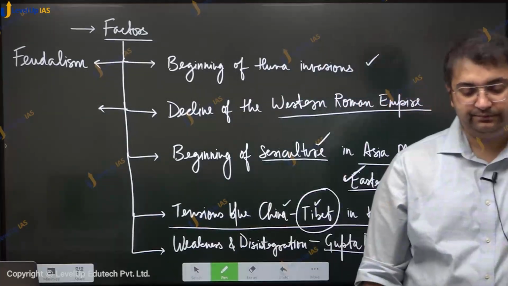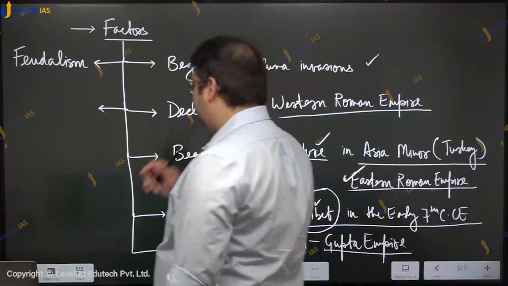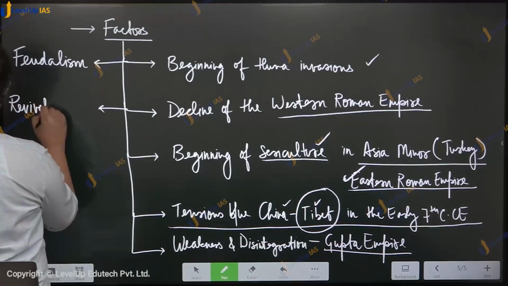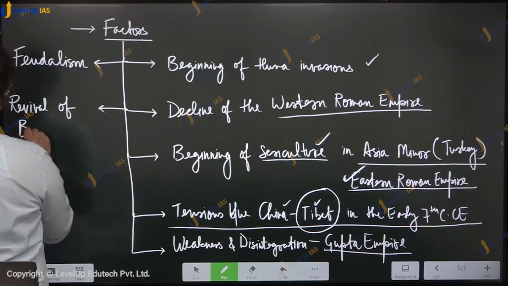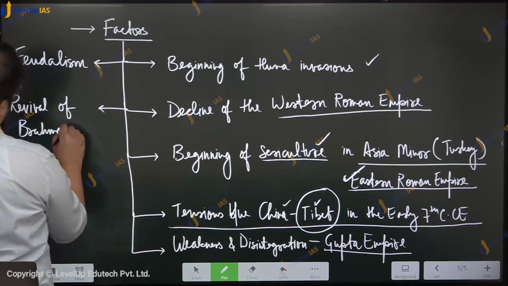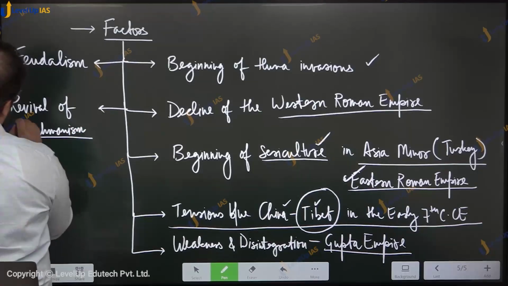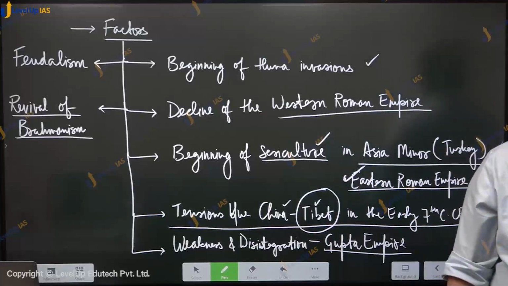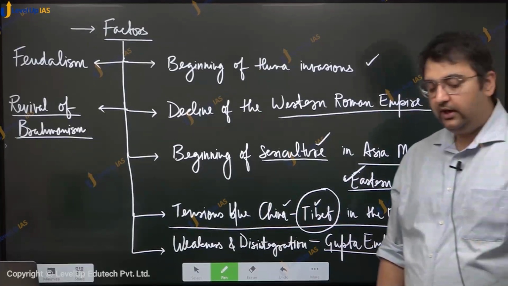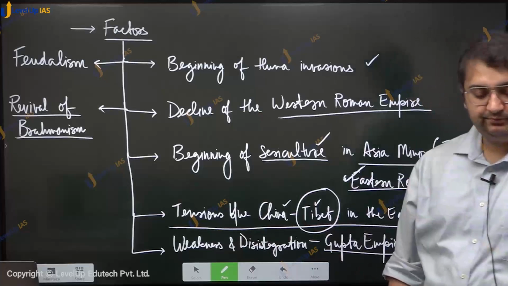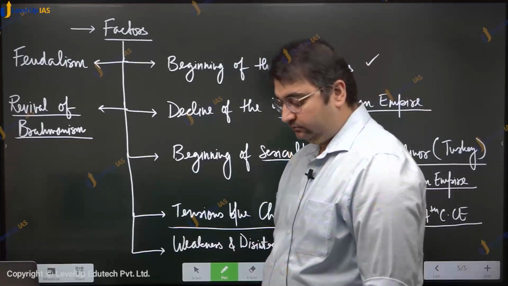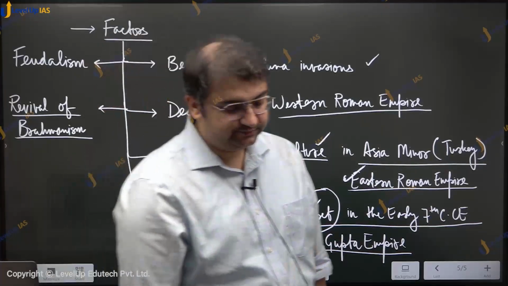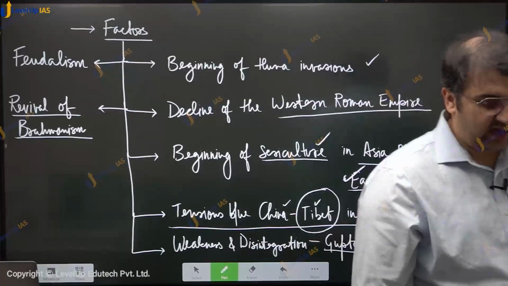Next subpoint: the strong revival of Brahmanism put ideological shackles on urban economic activities. How?